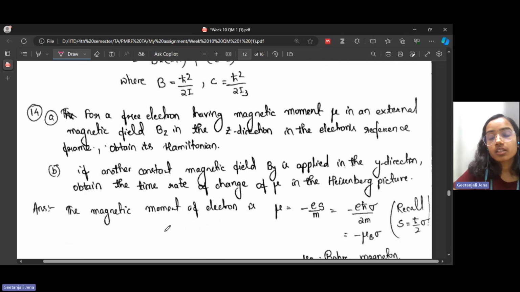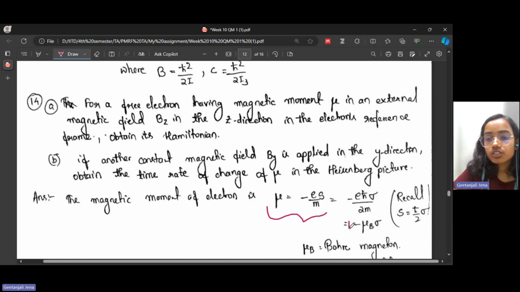In an external magnetic field, the Hamiltonian is given by minus mu dot B. Let us see the magnetic moment for this electron. Mu you can express as minus e by m S. And the electron is a spin-half particle, so you can write S as h bar by 2 sigma.